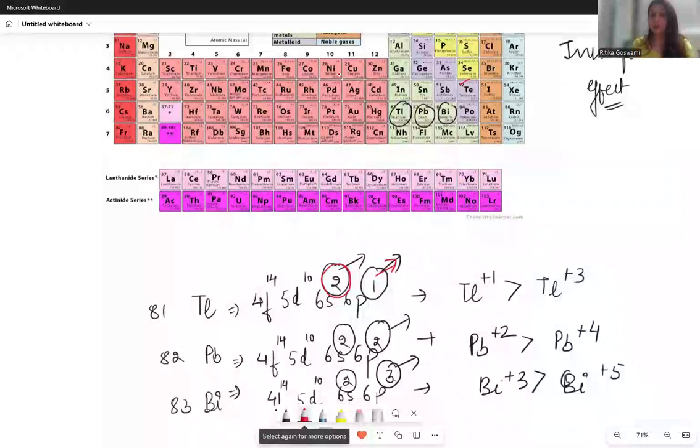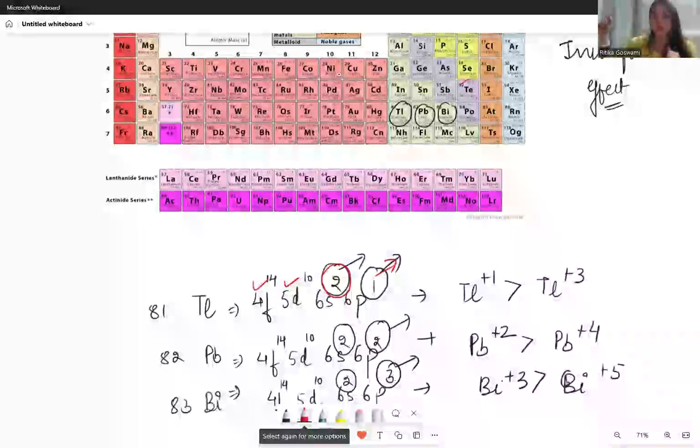But because of the very poor shielding effect shown by the 4f and the 5d orbitals, whenever there is a presence of d and f orbitals, they are not very good at stopping the attraction between the nucleus and the farthest electron.